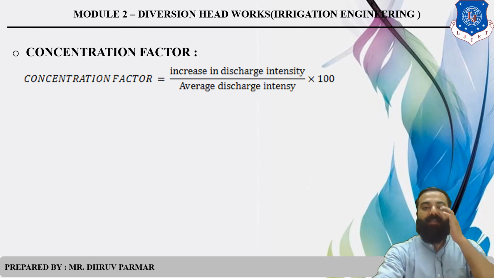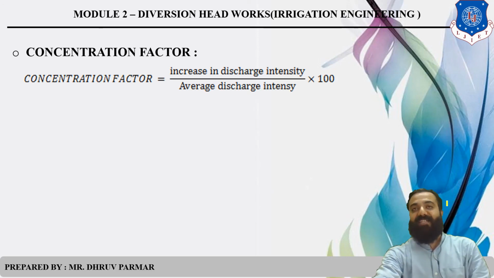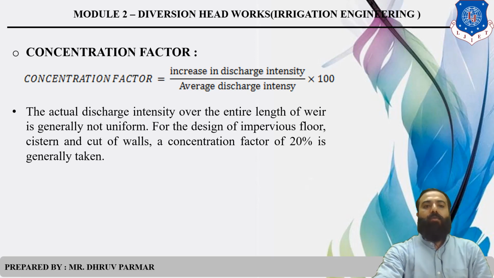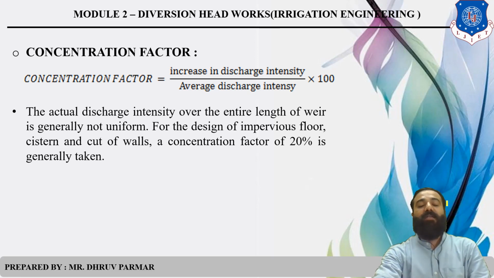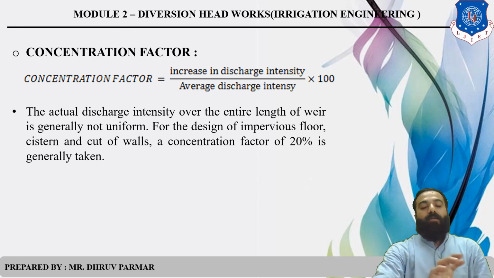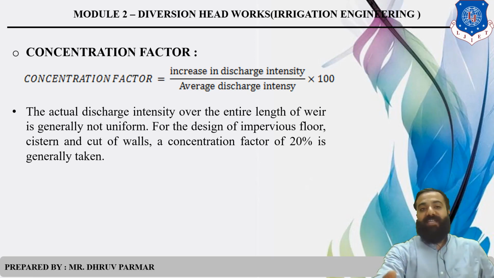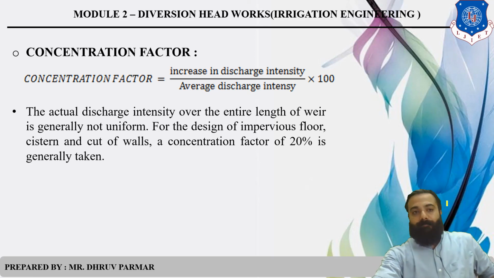Then concentration factor. What is the concentration factor? It equals the increase in design discharge intensity divided by average discharge intensity, multiplied by 100. Most of the time the concentration factor is near about 20%. But the concentration factor is not the same throughout; it changes from length to length.